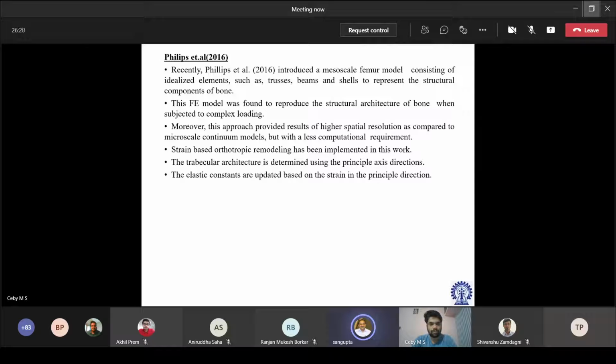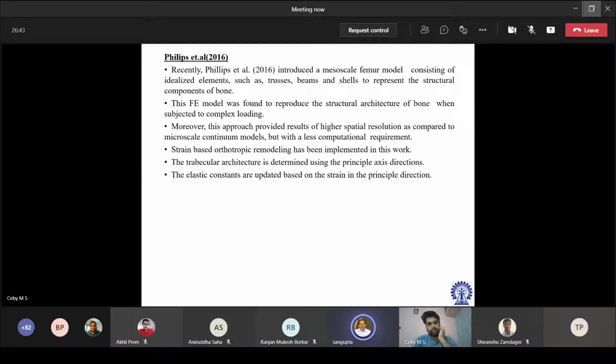The axes of symmetry are changing. So the material is undergoing changes in E modulus values according to the principal directions, and that is an upgraded material property compared to the starting point, which is an isotropic assumption.